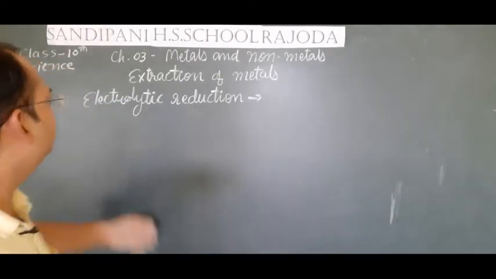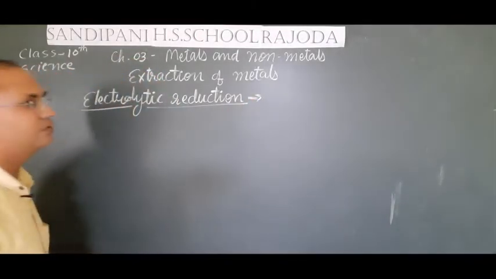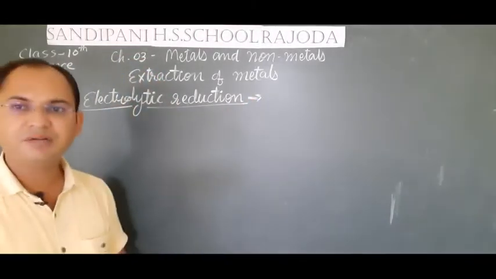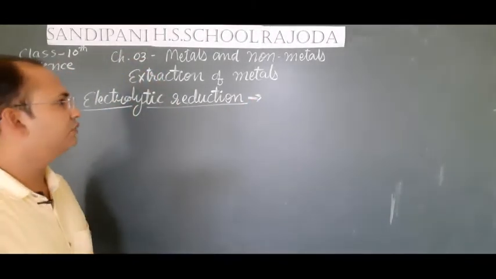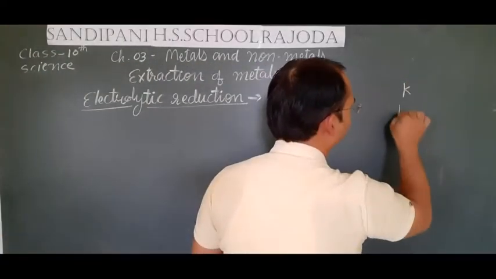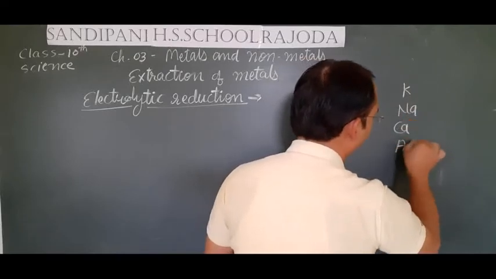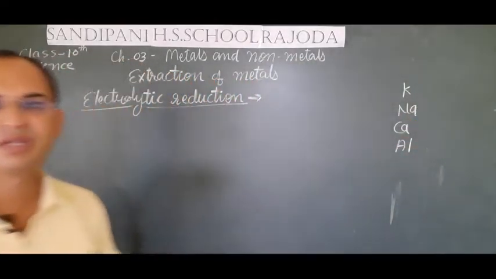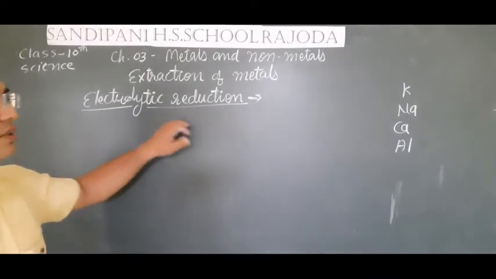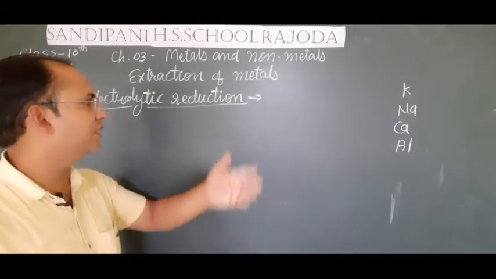Let's understand the electrolytic reduction method used for the extraction of the metals that are present at the top of the activity series, and the main metals are potassium, sodium, calcium and aluminium. This method of electrolytic reduction is mainly used for extraction of these metals.